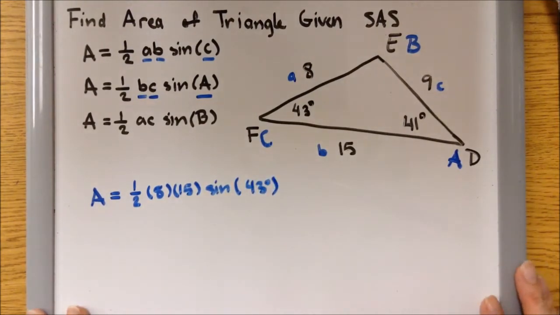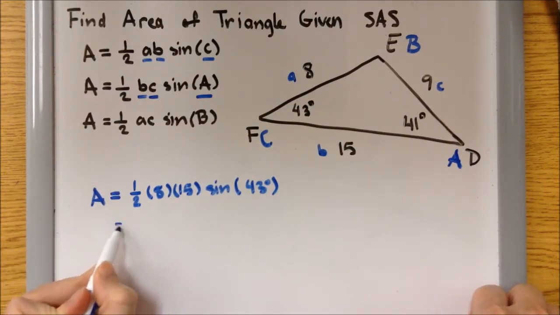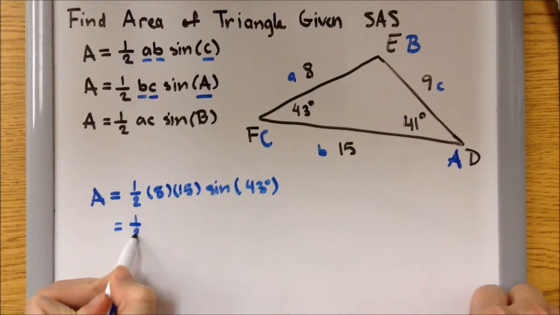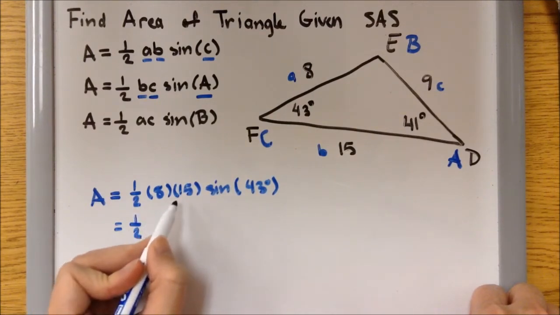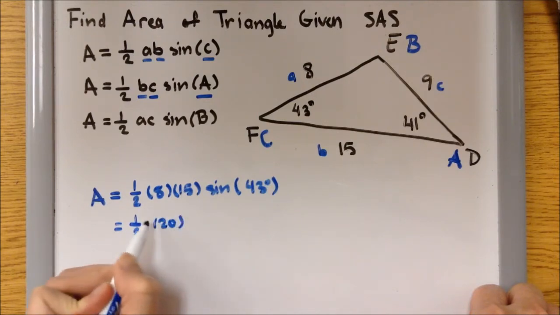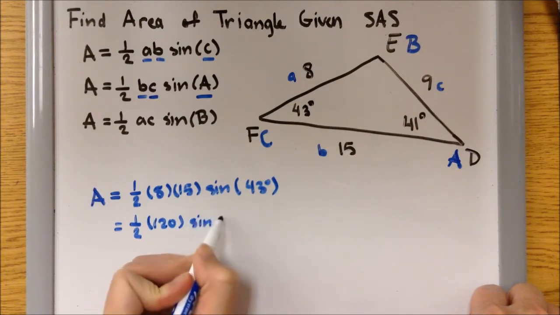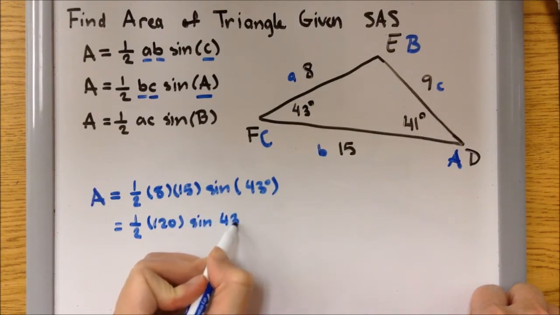Alright, so next, what I'm going to simplify is the 8 times 15. So I set aside the 1/2. This will be 120 times sine of 43 degrees.